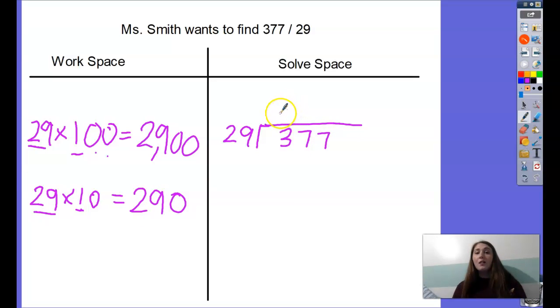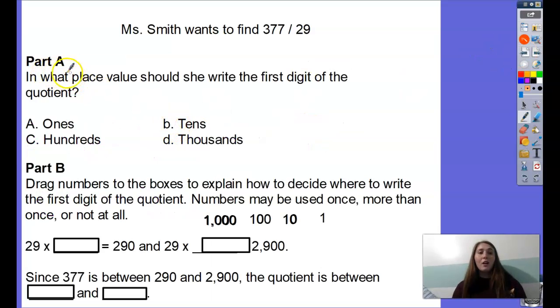That tells me I put an X above the hundreds because it did not work when I did 29 times 100, but I would put a 1 above the tens. So this shows me that I start my place value for solving in the tens place. Okay, I start in the tens place. So for my answer, in what place value should she write the first digit of the quotient? It is the tens place.